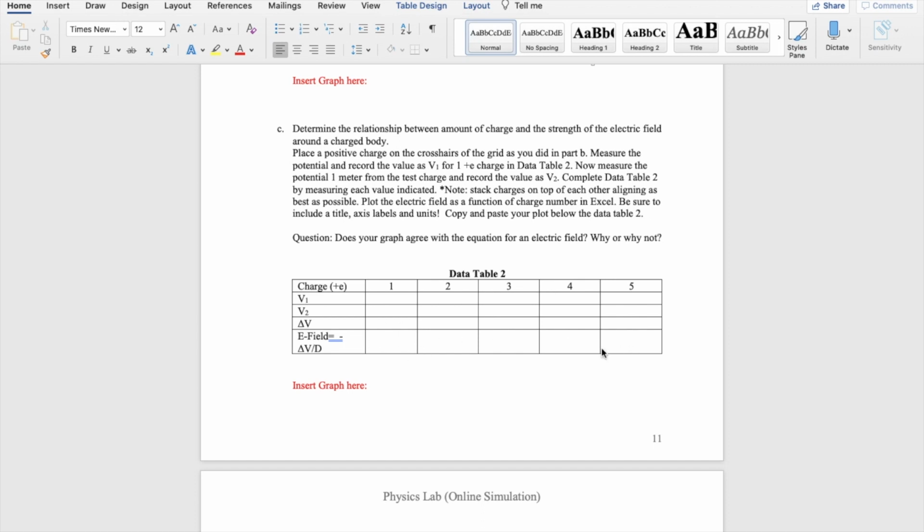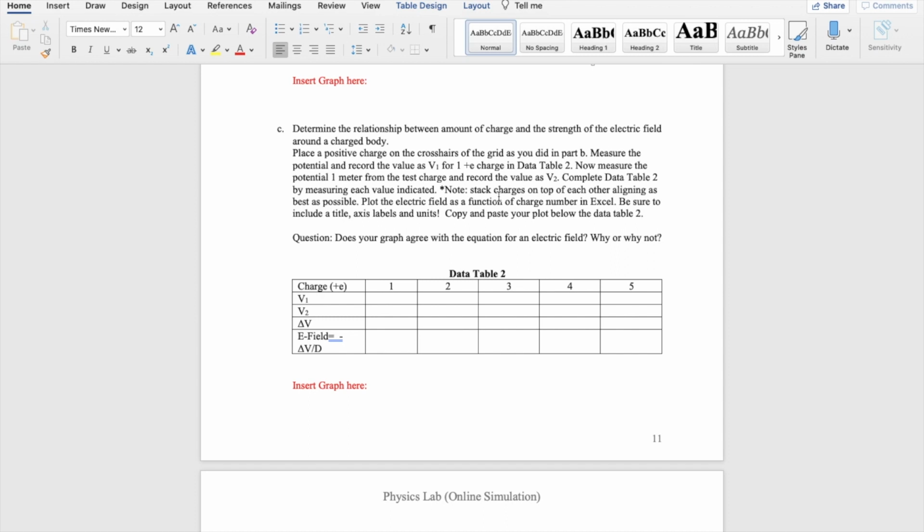Then calculate your electric field, basically divide delta V by distance, which is 1 meter. Then plot charge versus electric field. Note, stack charges on top of each other after aligning as best as possible.